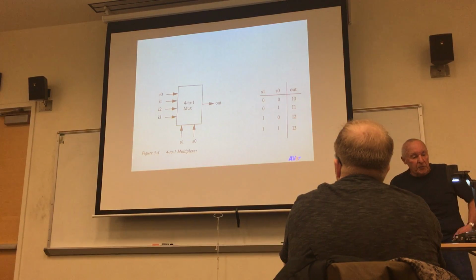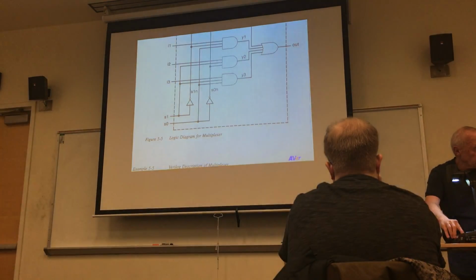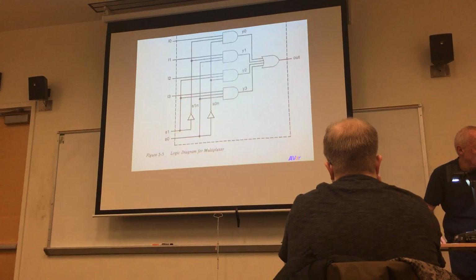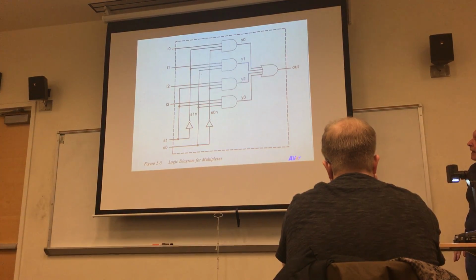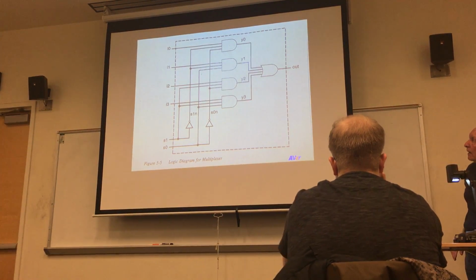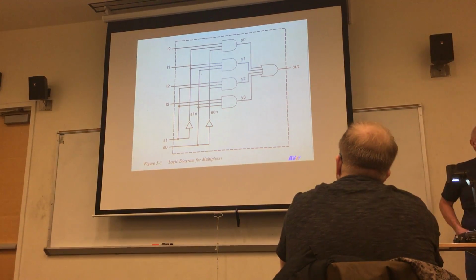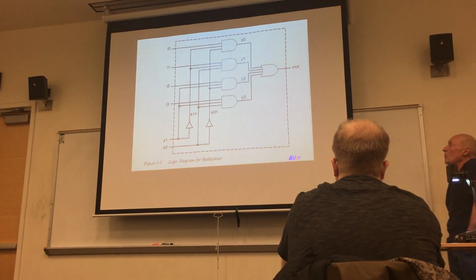So we want to implement this particular design using the gate level of abstraction. Figure 5-5 in the text shows you the schematic at the gate level to implement that 4-to-1 multiplexer.